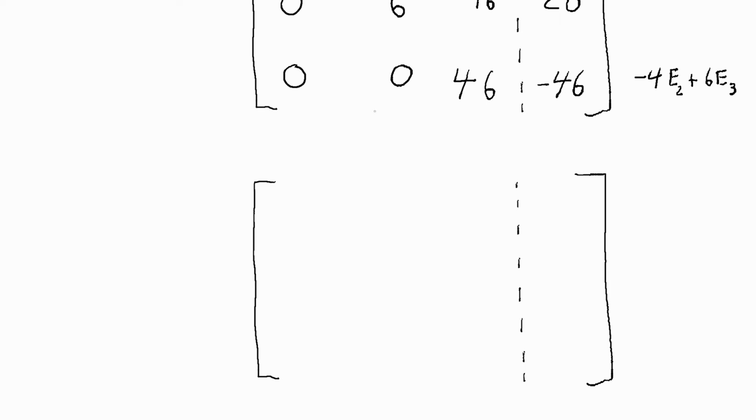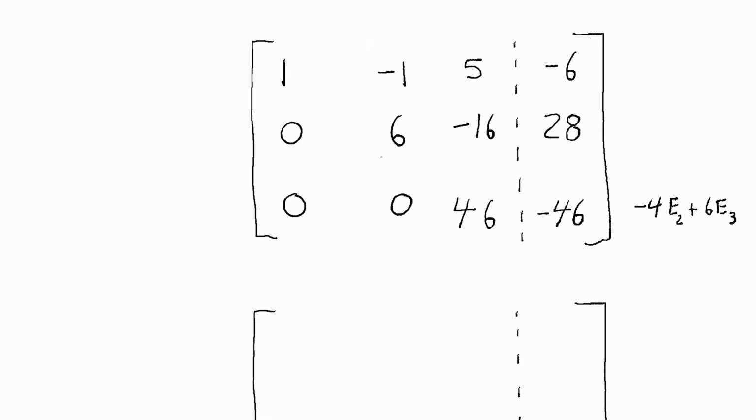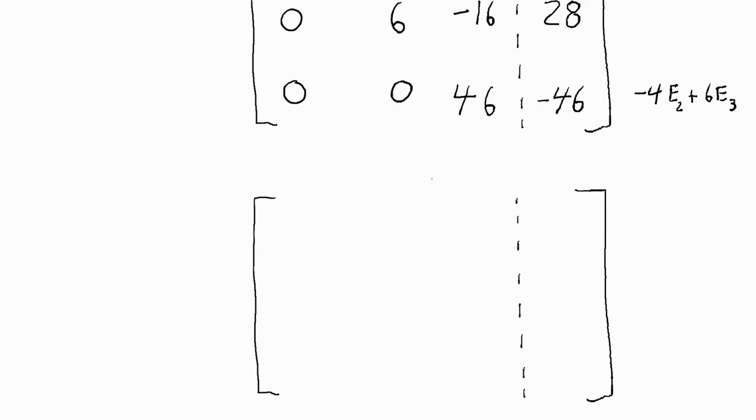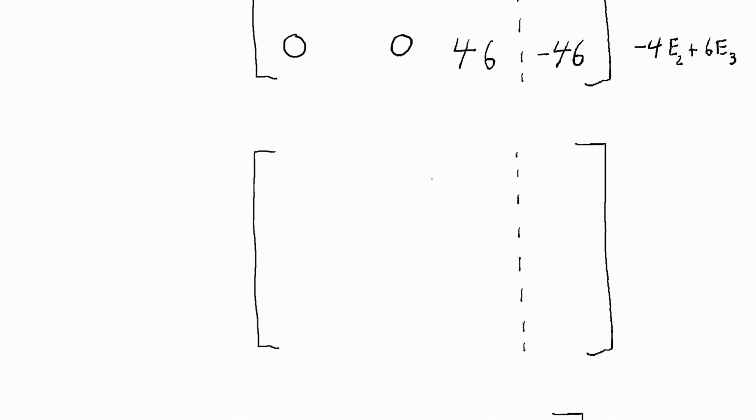The next thing I'm going to do is very simple. I'm just going to try to turn this 46 into a 1. That's accomplished fairly easily by dividing by 46.